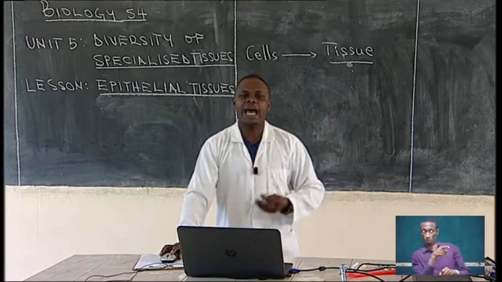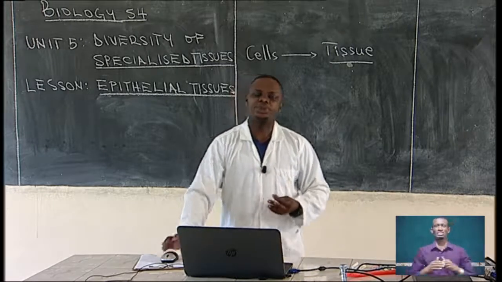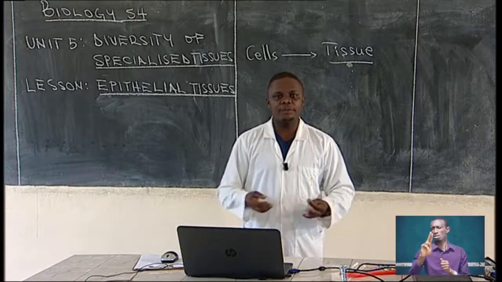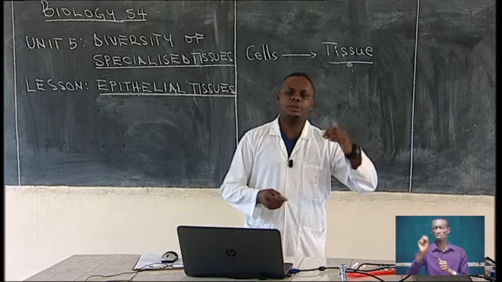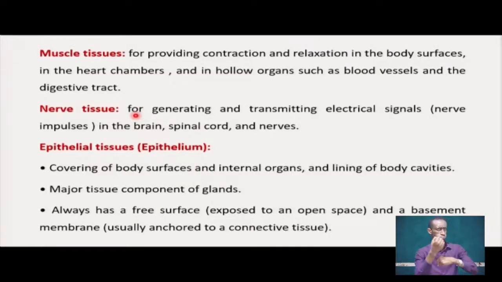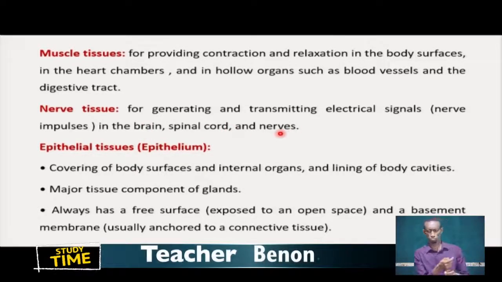Then we have nerve tissues. Nerve tissues are responsible for transmission of nerve impulses from one part of the body to another. These nerve tissues are found in the brain, spinal cord, and nerves.